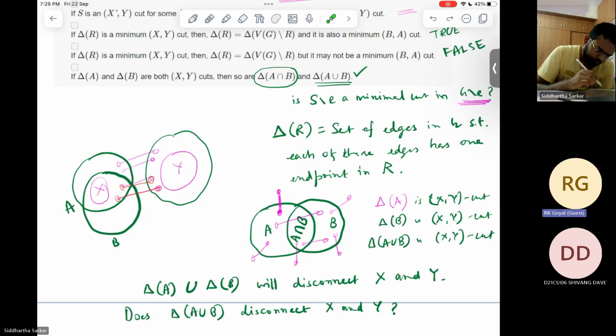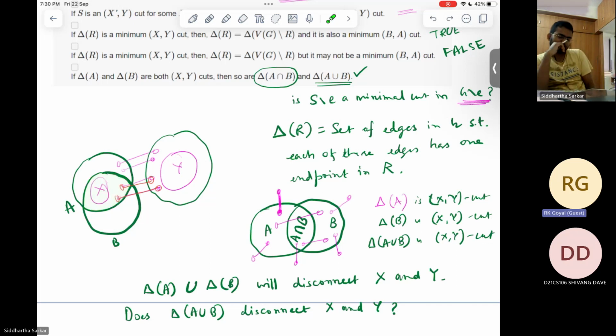I did not think in this way. I thought that the intersection of A intersection B is all the A in, but this interpretation is correct.